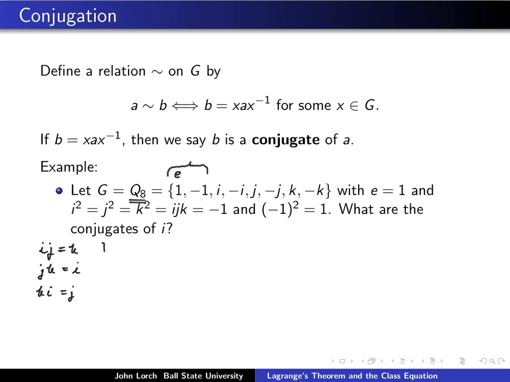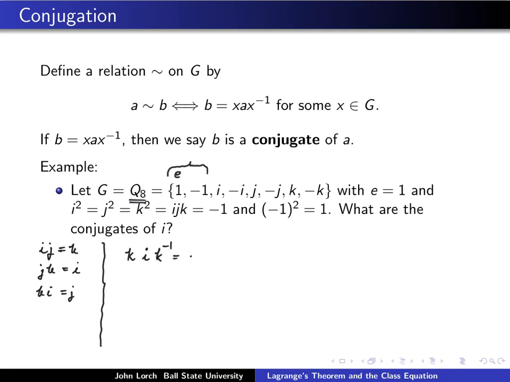So now, with that in our hip pocket, let's compute a few conjugates of i. We're going to take i, and on the left multiply by something, for instance k, and then multiply by k inverse on the right. And we're going to see what we wind up with.